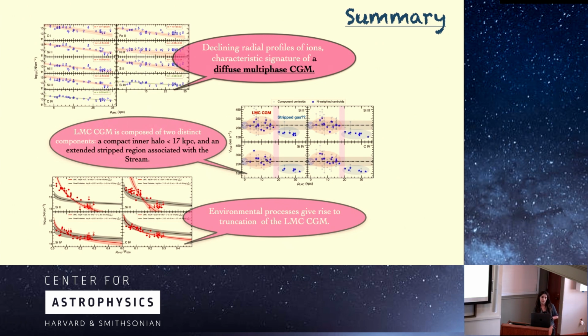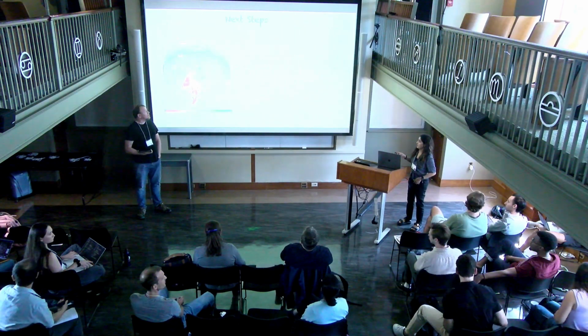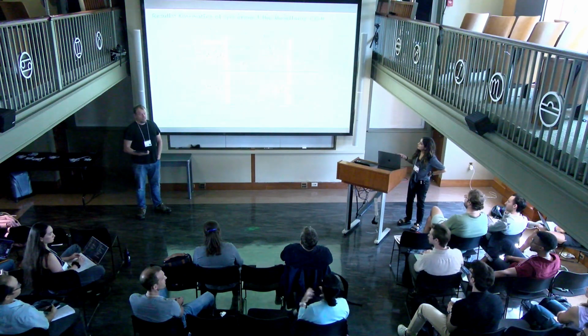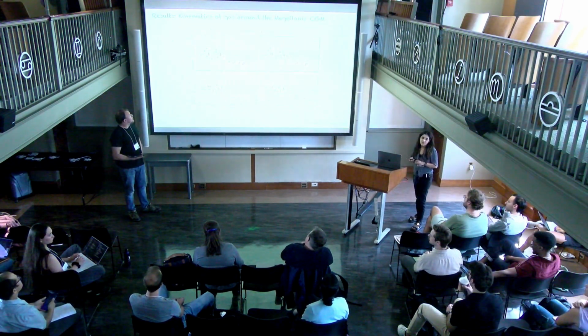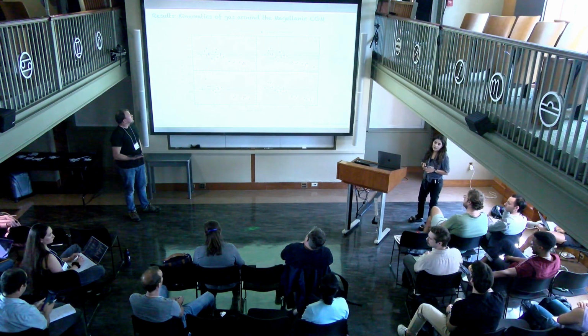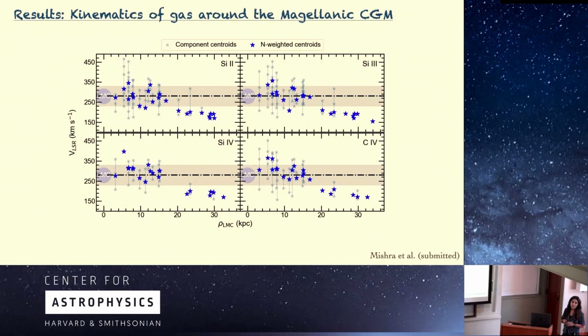Questions? So, Sapna, you showed the number of components dropped with distance. Do you have an interpretation for it? Is it just that the path length is more, or is there some kind of clumpy gas distribution that can produce the component structures?